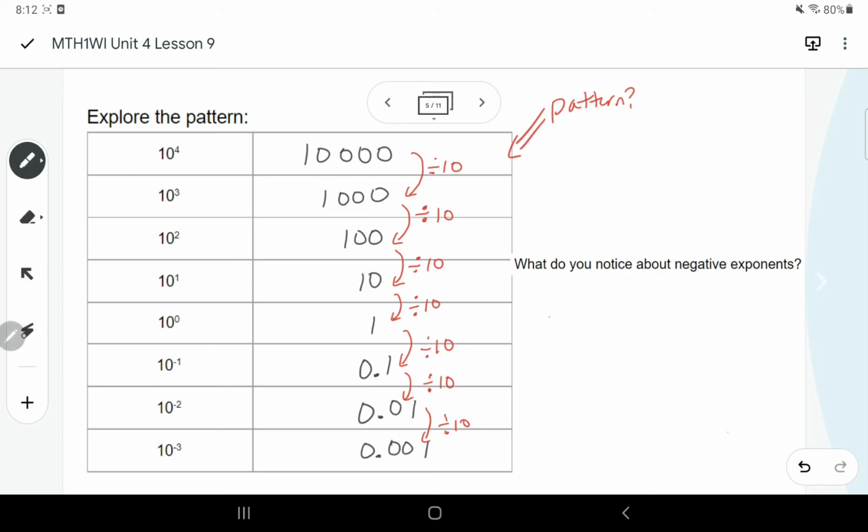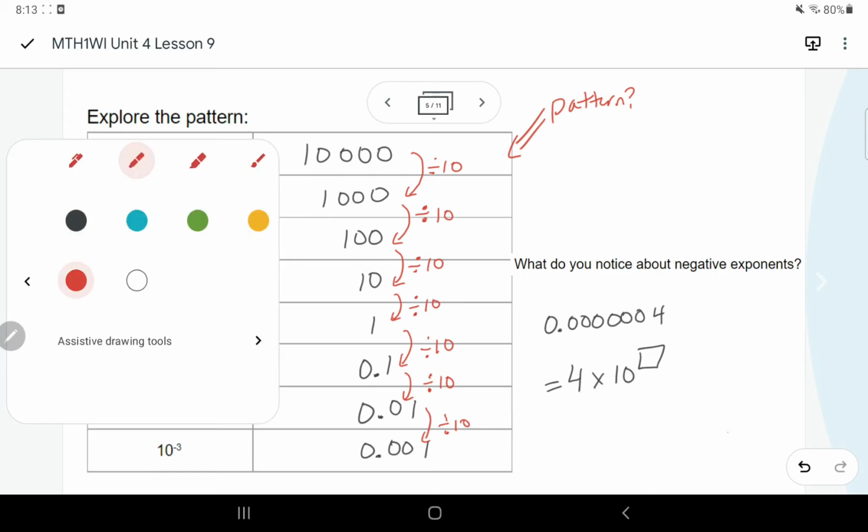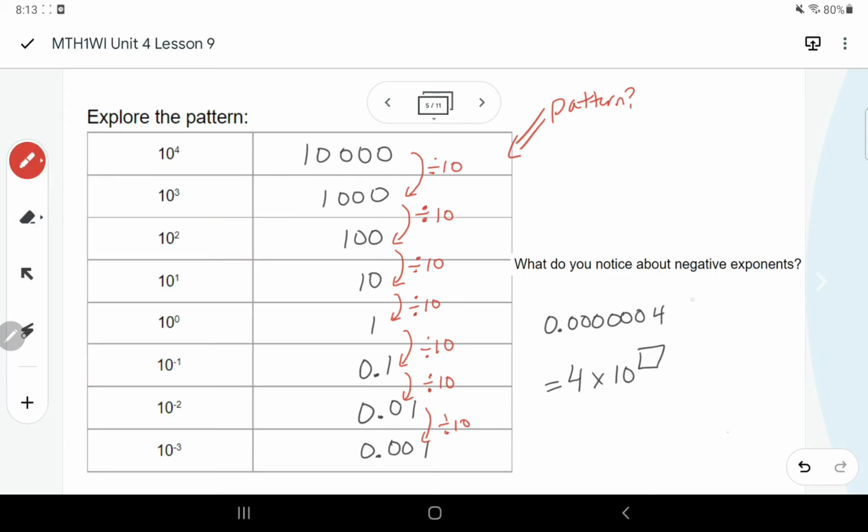So for instance, like 0.0000004, we are going to be able to write that as 4 times 10 to some exponent. And let's think about what exponent that might be, because we want to know how many times, like a -1 shifts this decimal.